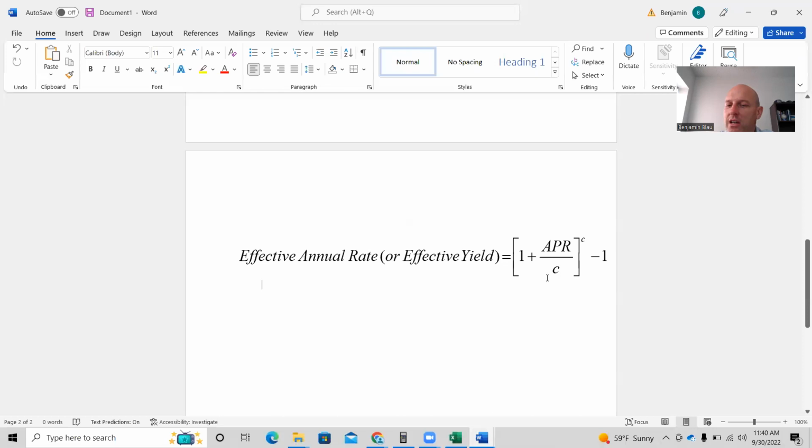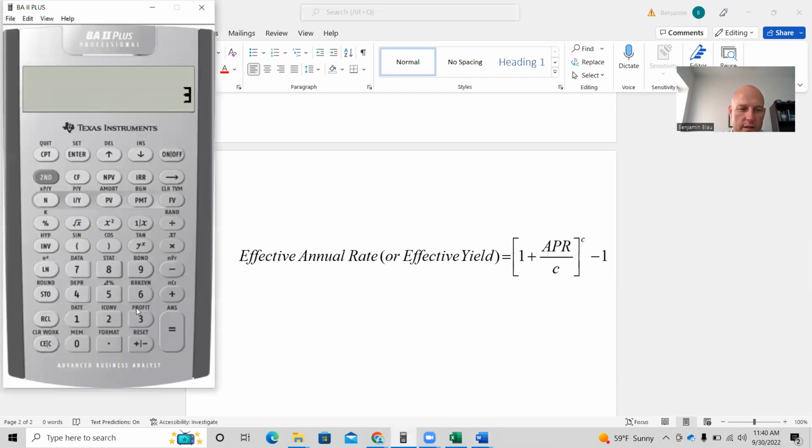So how many 10-day periods are there in a 365-day year? You can do that in your head, or you can divide 365 by 10, and that gives you 36.5. So there are 36.5 compounding periods in the year in this problem.